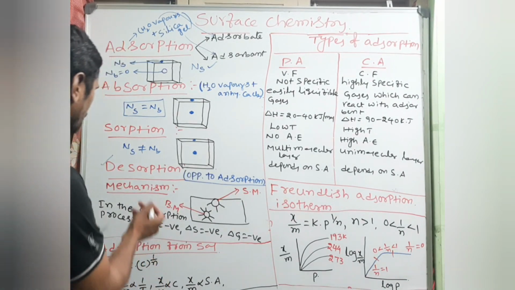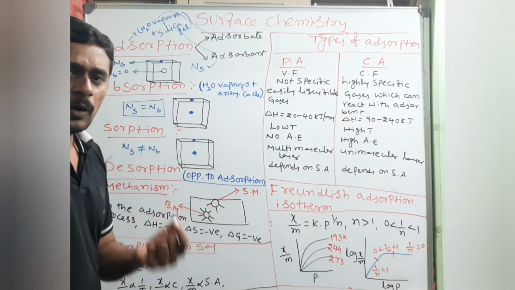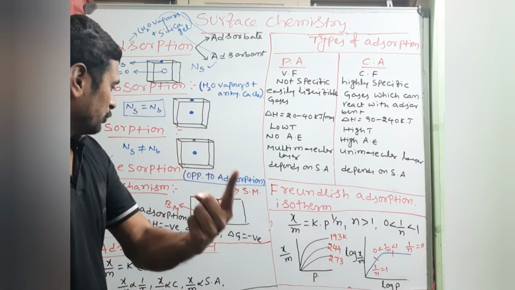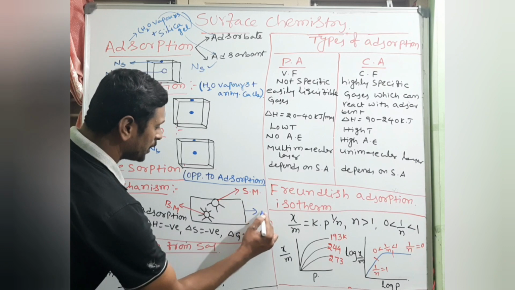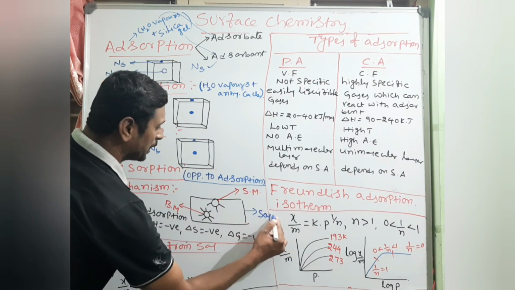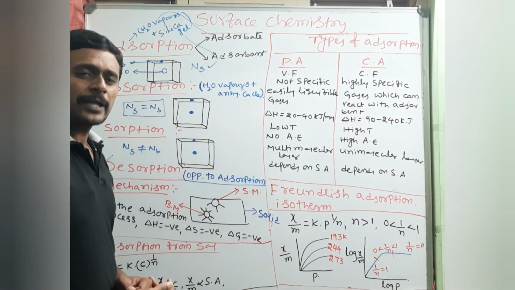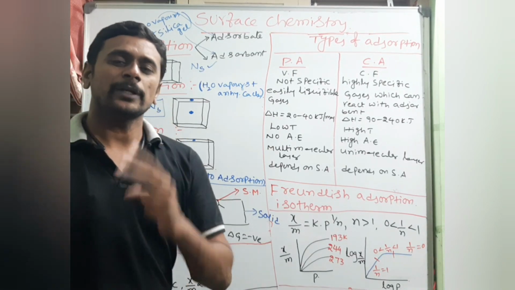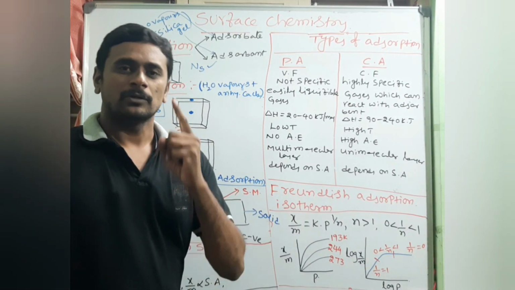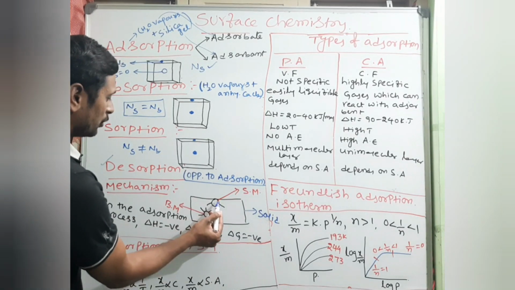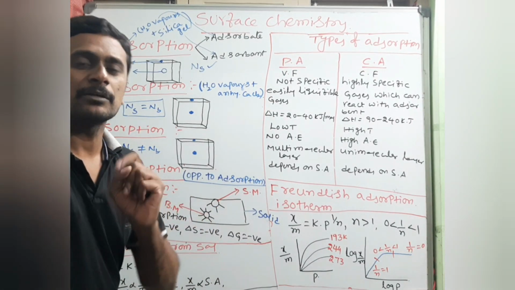Now coming to the mechanism. How does adsorption take place? Take a solid material. We have two important kinds of molecules: surface molecules and bulk molecules.